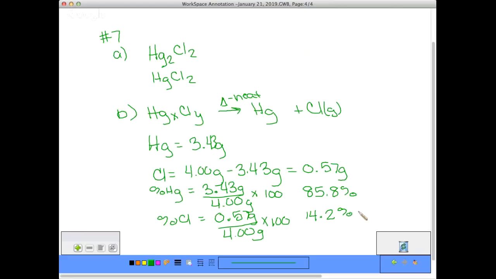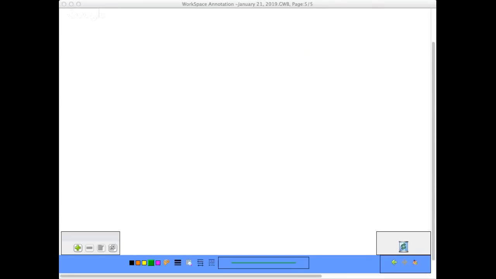The rest of this asks you to find your empirical and molecular formula for this compound. So let's look at that. This is part C, where we find the empirical formula. I need to figure out the moles of mercury.